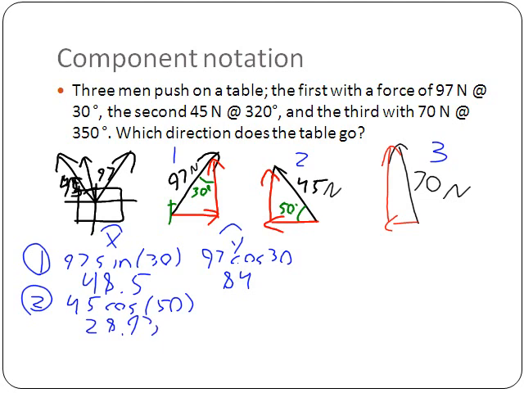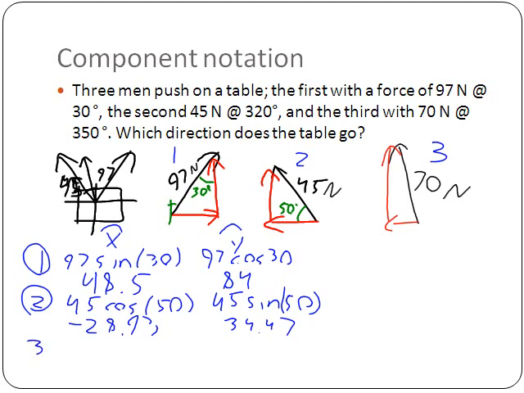Now in this case, this one is backwards, so that will be negative. For our y, it's going to be 45 sine 50 degrees, because it's the opposite side, 34.47. Now this one's up, so it's going to be positive.